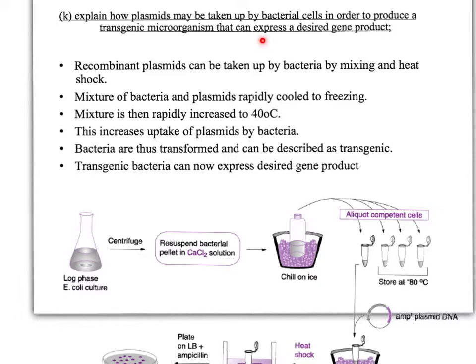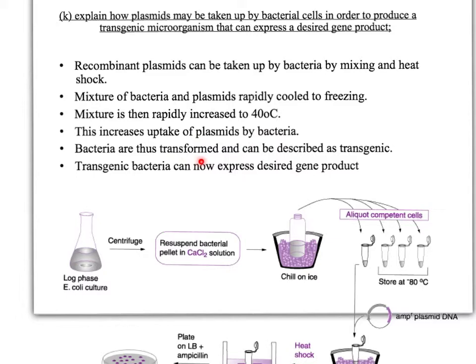What happens is we rapidly cool the bacteria and the plasmids to freezing point, and then very rapidly heat them up to 40 degrees centigrade. This seems to result in an increased uptake of plasmids by the bacteria, so it increases the rate at which bacteria will take up plasmids, and therefore a much higher success rate of transforming the bacteria.